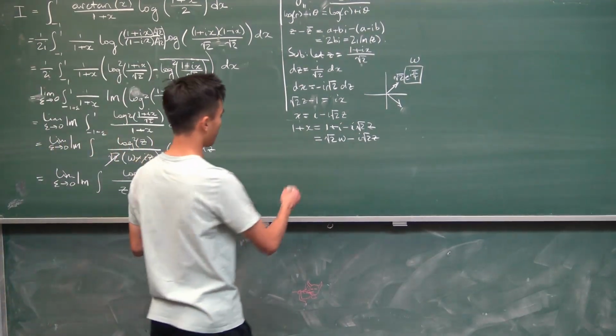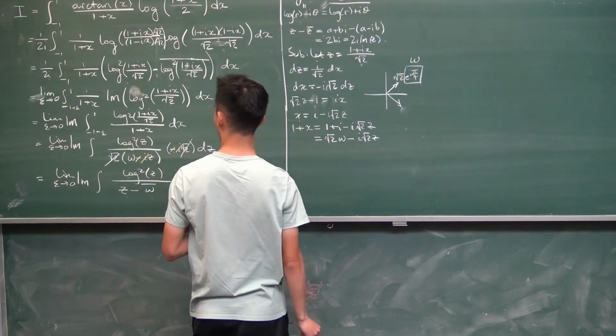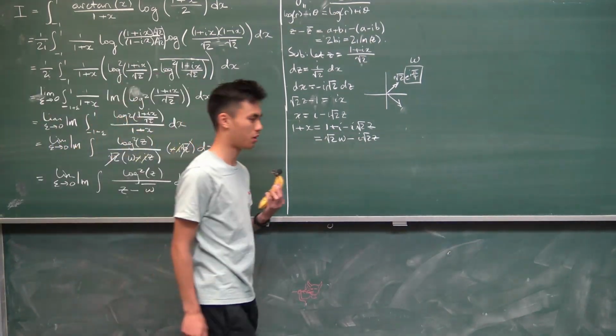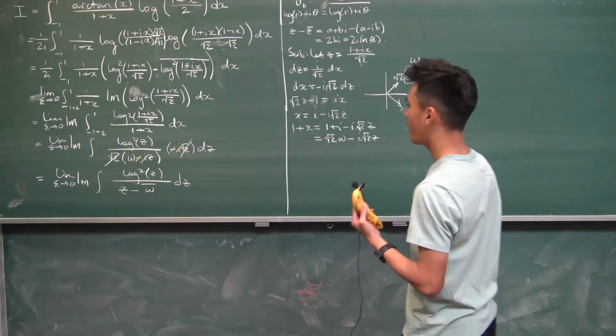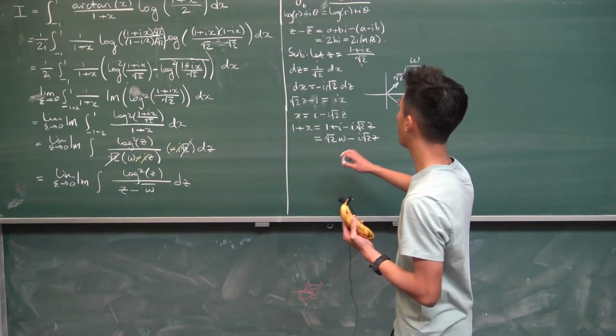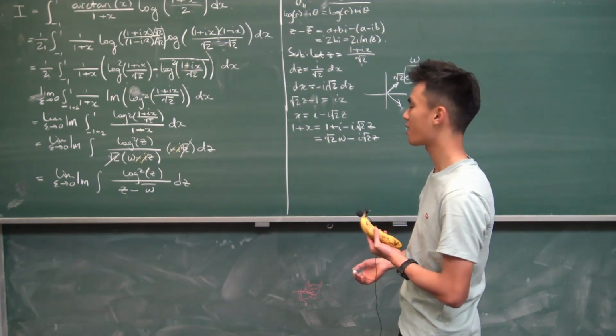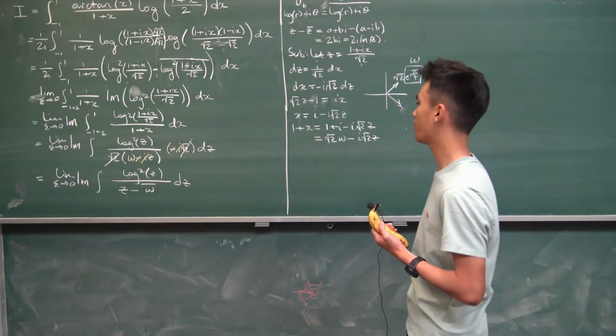We also need to figure out what on earth the bounds are. We should probably get a handle on that so we know what we're integrating. Because we're just going on a straight line from negative 1 plus epsilon to 1, if we map it over using a linear substitution, we're still going to get a line in the complex plane. So it suffices to know what the start and end points are.